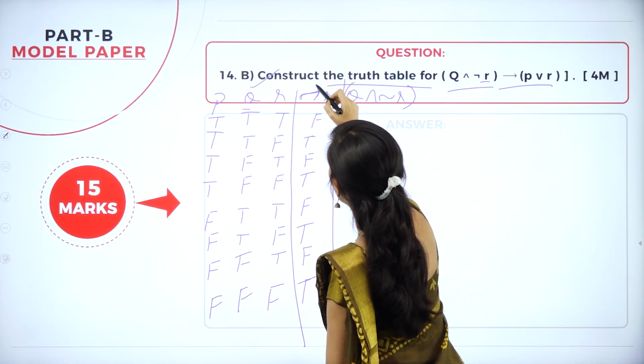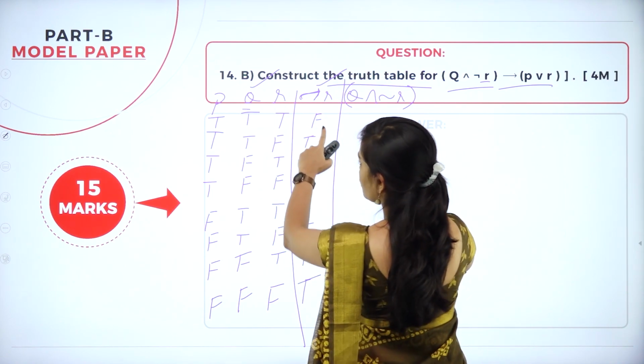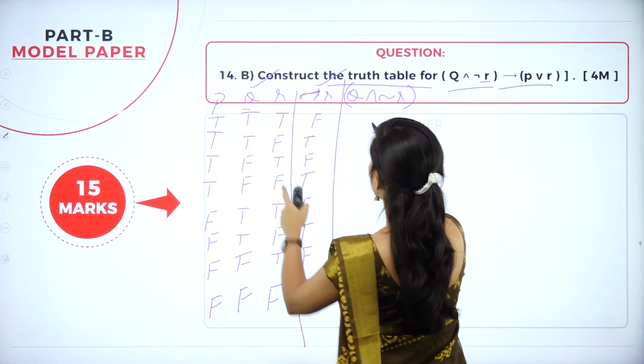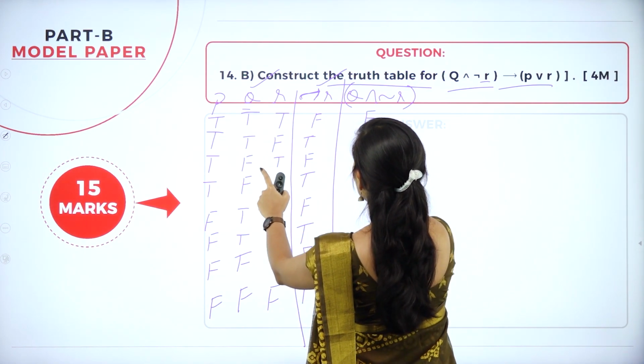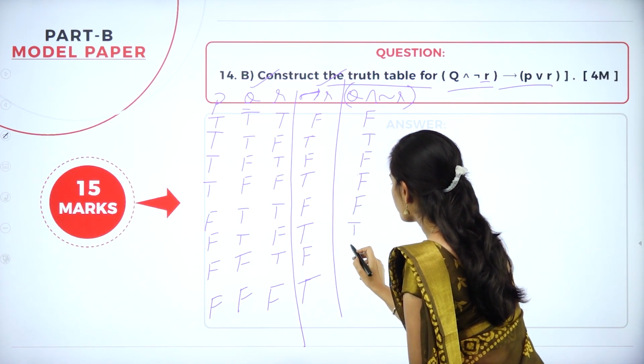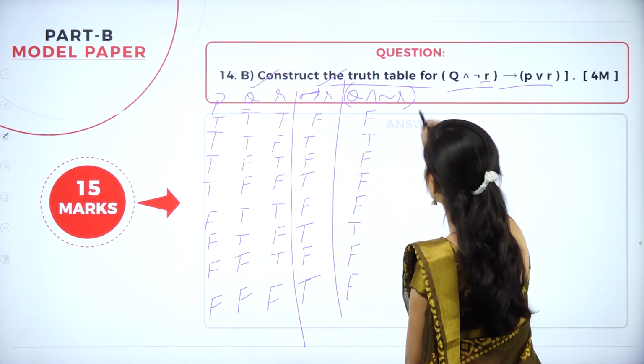Take this column and this column. If any one of the statements is false in logical multiplication, the condition is false. So false, true, false, false, false, true, false and false.